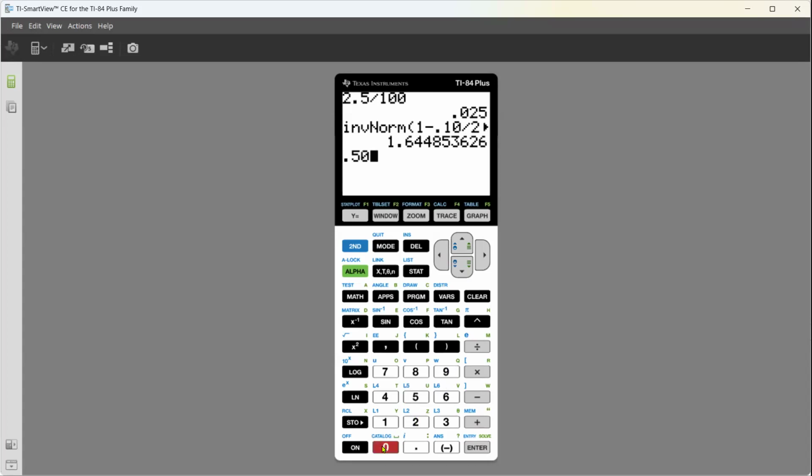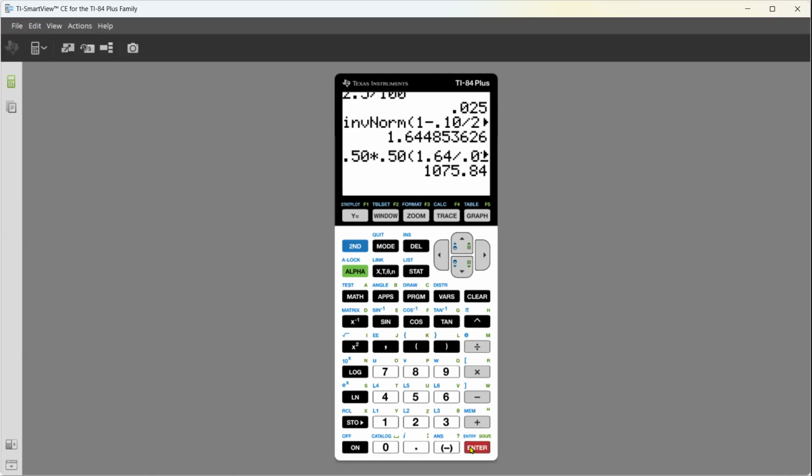It's not necessary. Times 0.5. Then you're going to p hat times q hat. This is your Z. I'll do both of them so you can see it. Here's 1.64 divided by my error, which is 0.025 for reasons that I explained to you. This is squared.